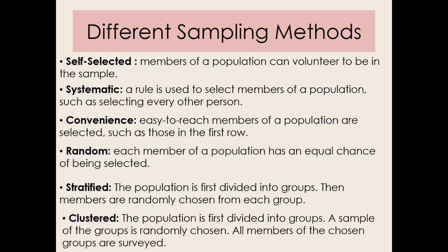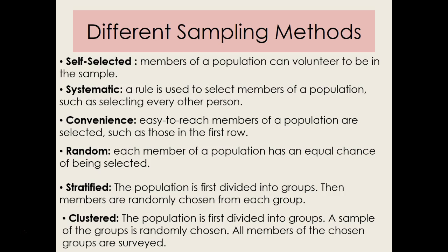Cluster samples are also samples based on groups, but it's a little bit different. The population is divided into groups, and then you randomly choose whole groups to be surveyed. So for example, if I look at our school and we get a map of the school and every classroom is labeled separately, and I randomly choose, during second period, 7 classrooms, and I interview every student in those randomly chosen 7 classrooms, that would be a cluster sample.